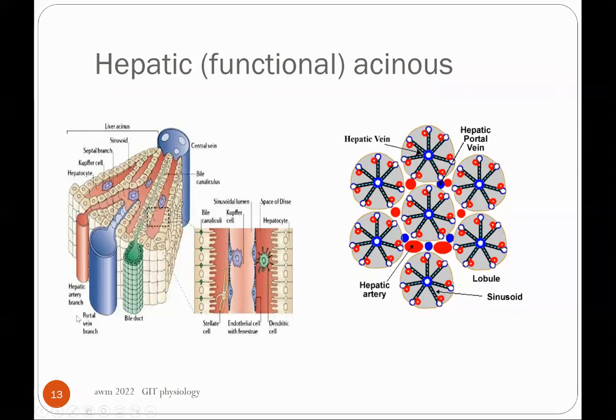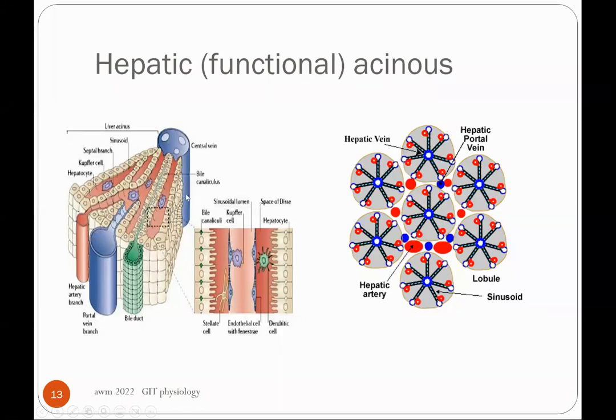Okay, so the blood is going to be coming from here. You can see the hepatic portal vein, a branch of it, and a branch of the hepatic artery. The blood will pour and then travel to the center of the functional unit, which is the acinus, and the blood will eventually drain into the central vein after having been processed by the hepatocytes within the sinusoids.